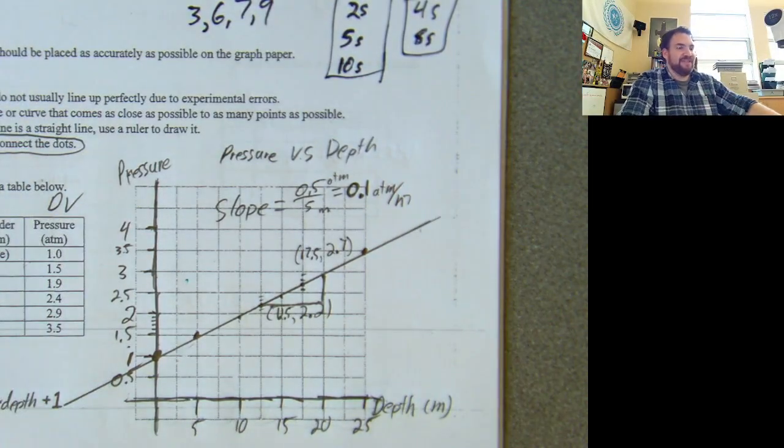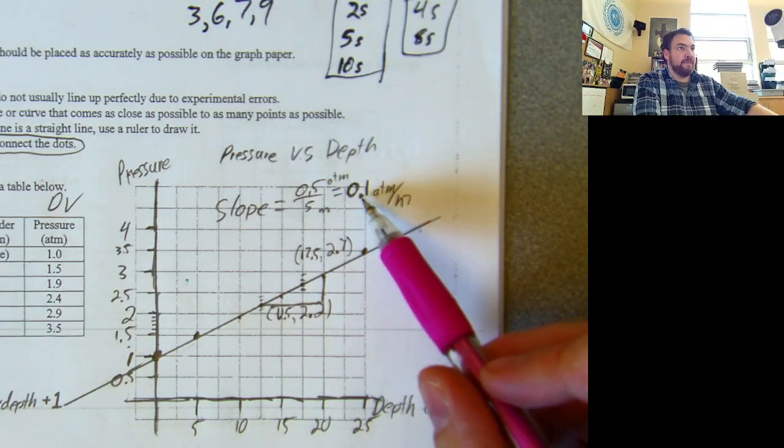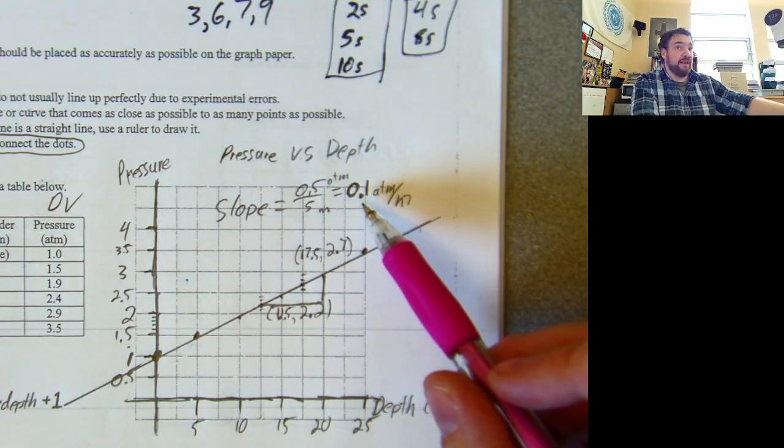Is 1 every 10 the same as 0.1 every 1? Yes, it is. 0.1 atmospheres per meter is the same thing as 1 atmosphere every 10 meters, because this is 1/10 of an atmosphere per meter. So 10 of these would be a full atmosphere.